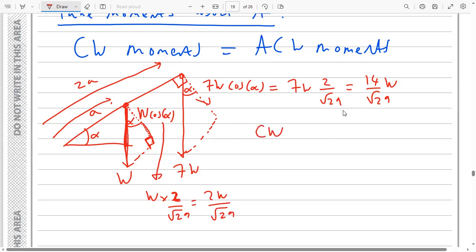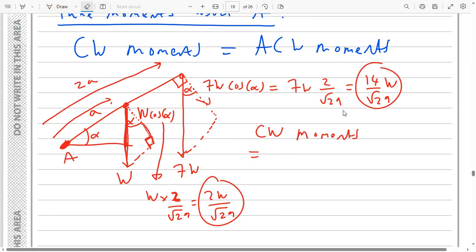Now focus on our clockwise moments. We're fixing the ladder at A, capital A. These perpendicular components are trying to rotate us clockwise, so our clockwise moments are this one plus this one. Remember, moment is force times distance.